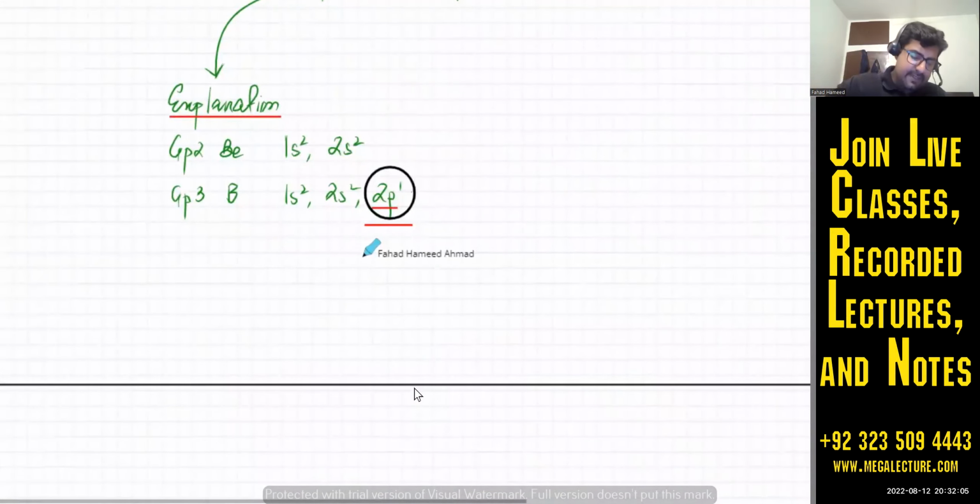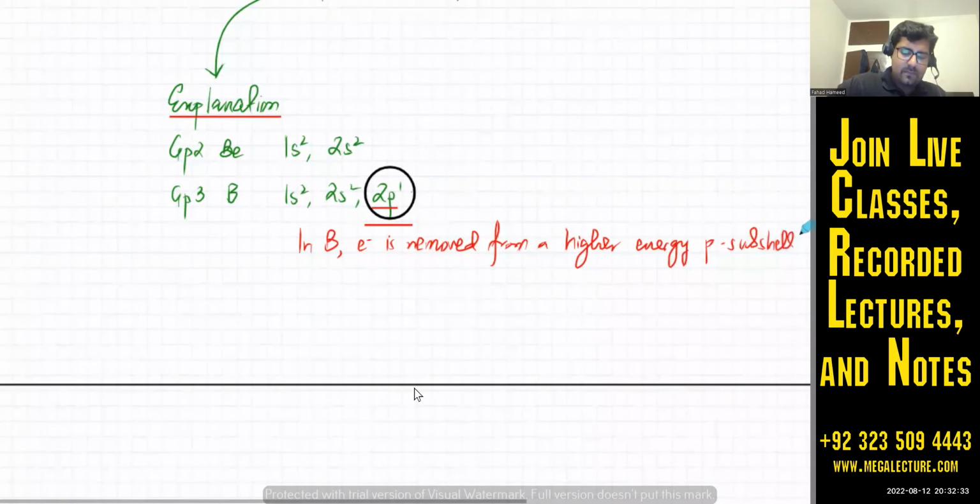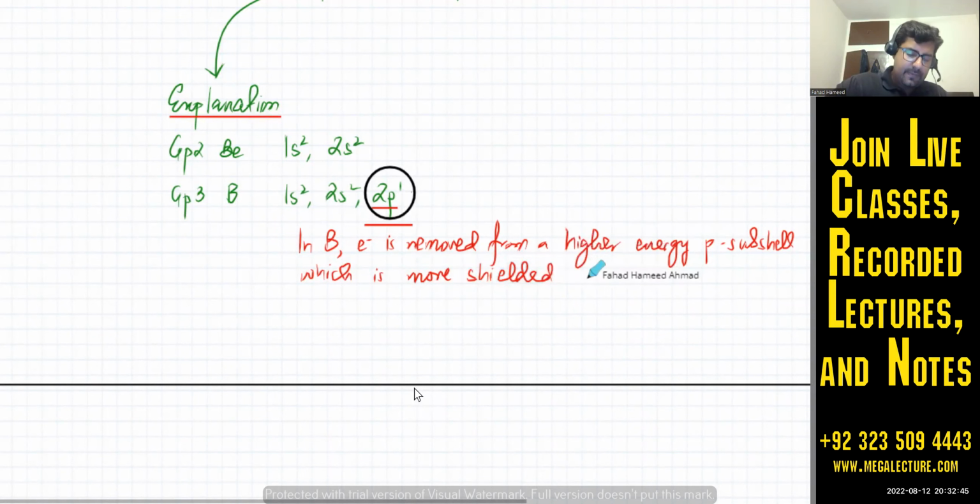The first thing you're going to write or mention is that in boron, the electron is removed from a higher energy p subshell, which is more shielded or has higher shielding compared to the other atom, which is beryllium's 2s subshell.